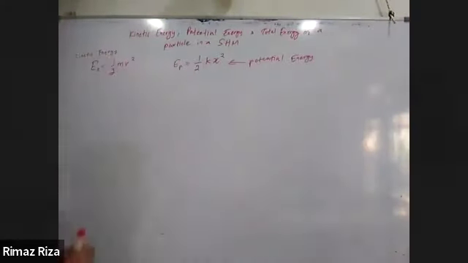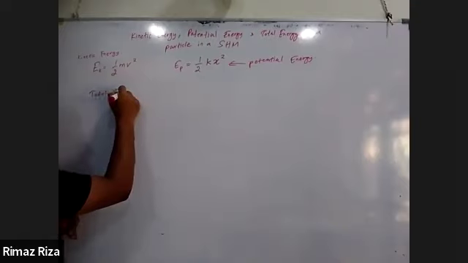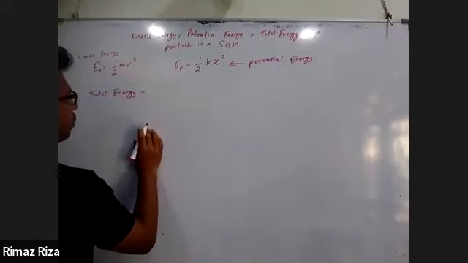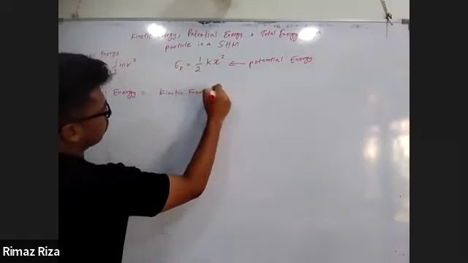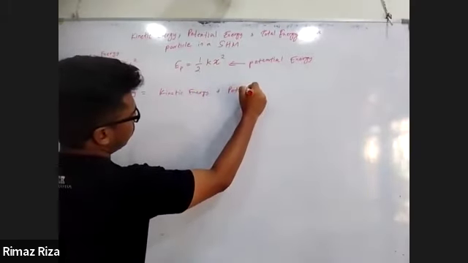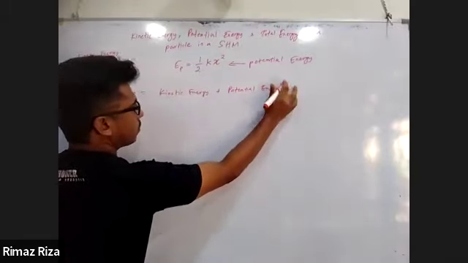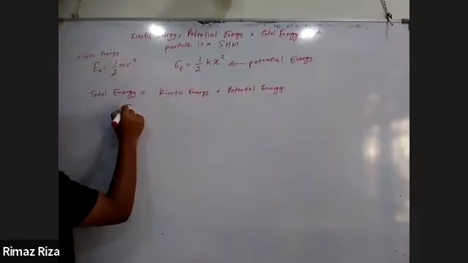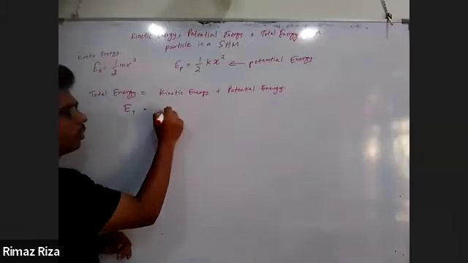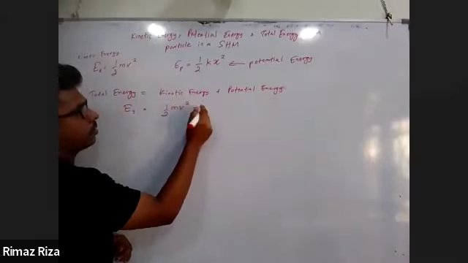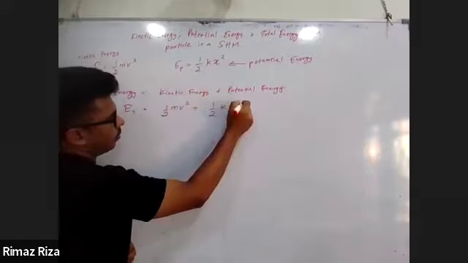And then the total energy. We know the total energy is the sum of kinetic energy and potential energy. So the total energy, I write E_T, E total, equals kinetic energy, half mv squared, plus potential energy, half kx squared.